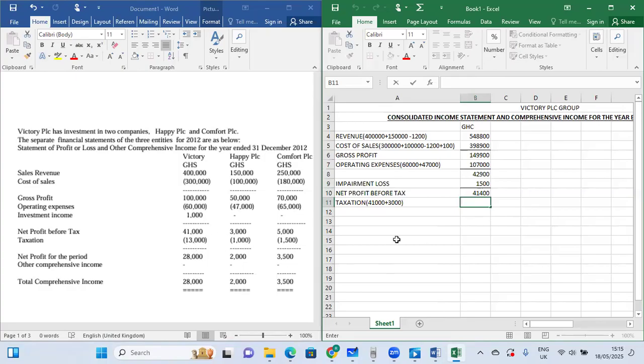No, the taxation is 13,000 plus 1,000, is equal to. Now when we subtract, we get the net profit after tax. So it's going to be equal to this minus this.